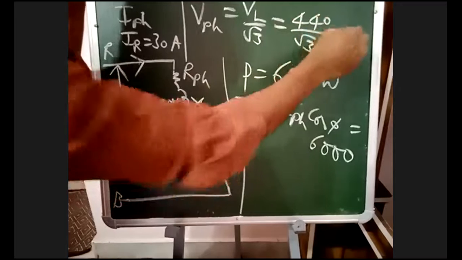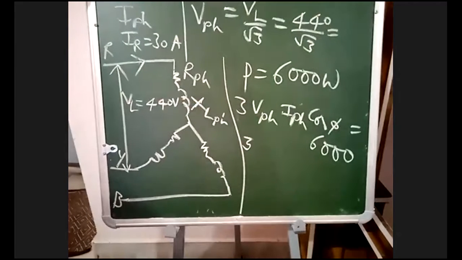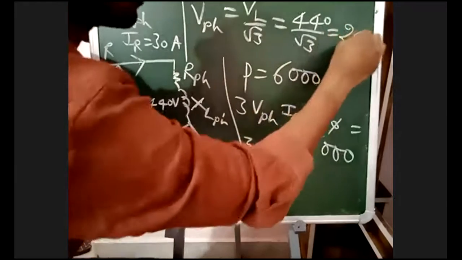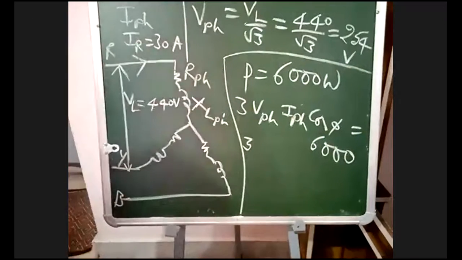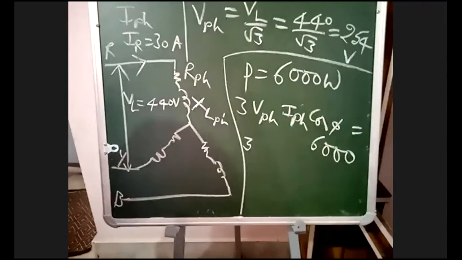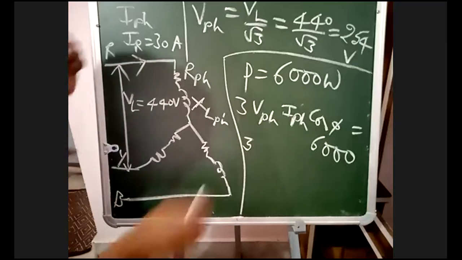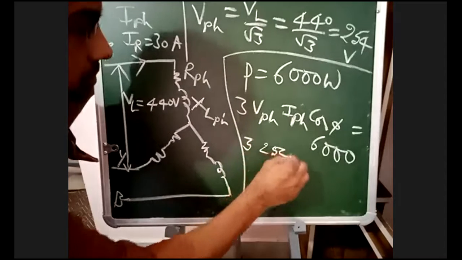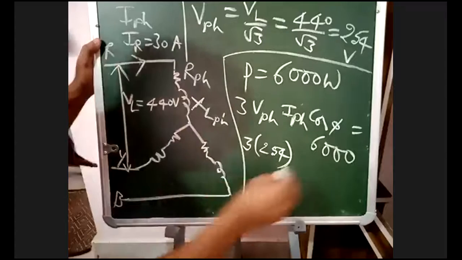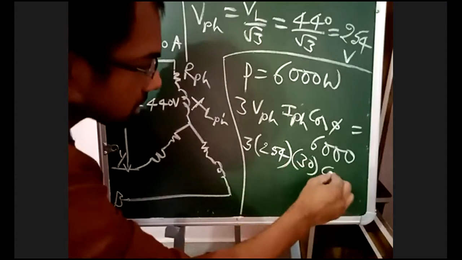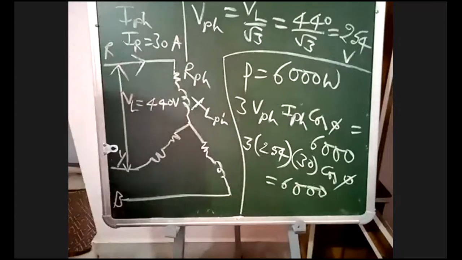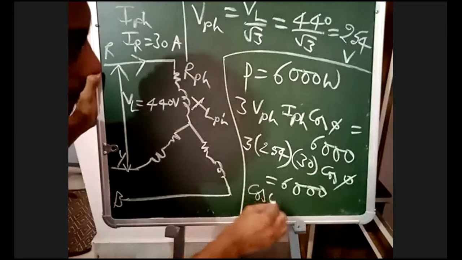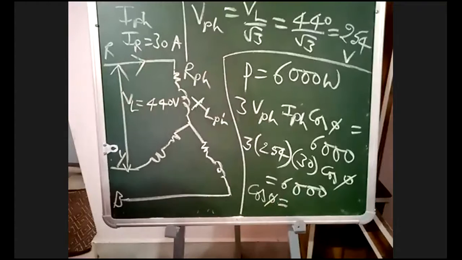How much will you get? 254 volts. 3 into 254, your phase current is 30, cos phi is equal to 6000. Determine cos phi.